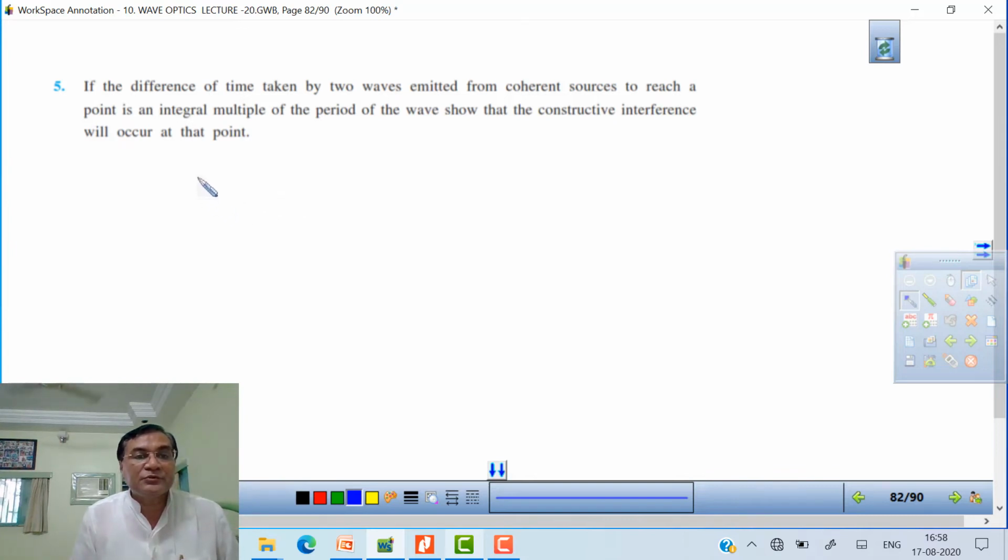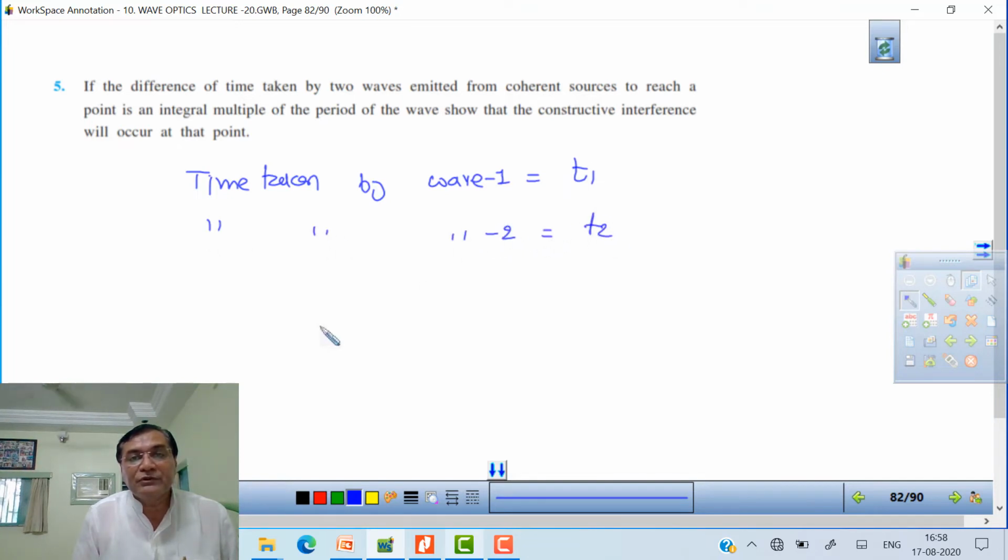Suppose the time taken by wave 1 is t1. Time taken by wave 2 is t2. Suppose t2 is greater than t1, I can write t2 minus t1 is equal to nT, because it is an integer multiple of capital T. Understood?